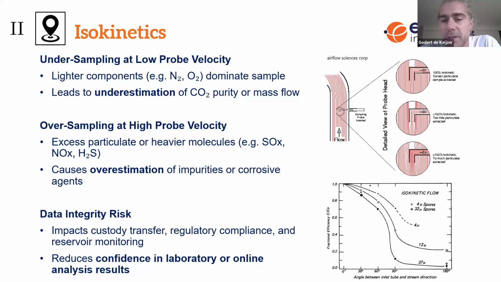Either you're undersampling or you're oversampling, and you see that nicely illustrated on the figure on the top right. That means that either you're getting too much into your sampling and analyzer system, or you're getting too little in your analyzer system.